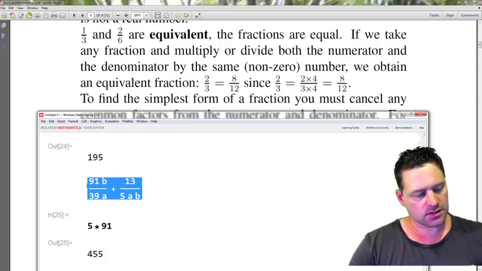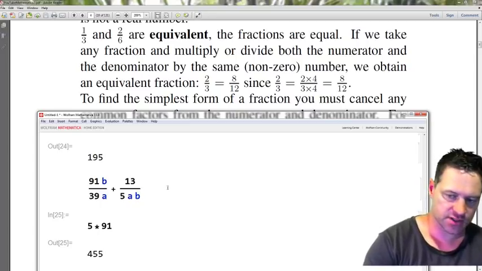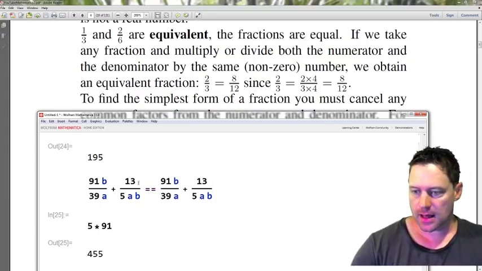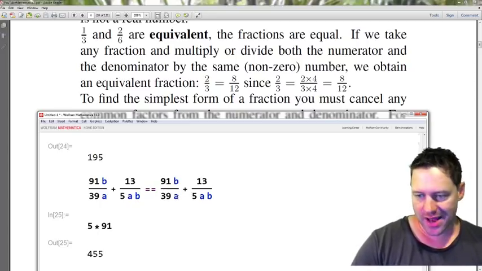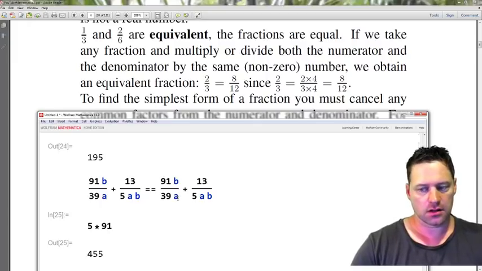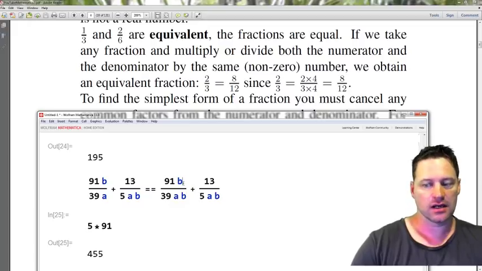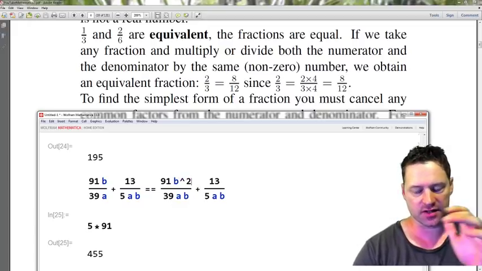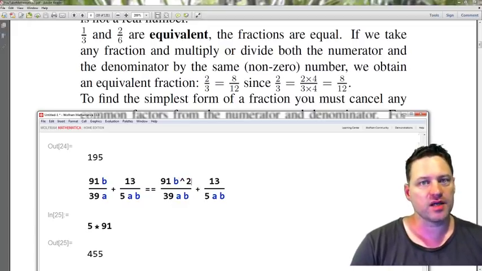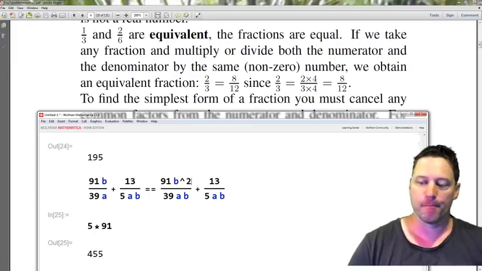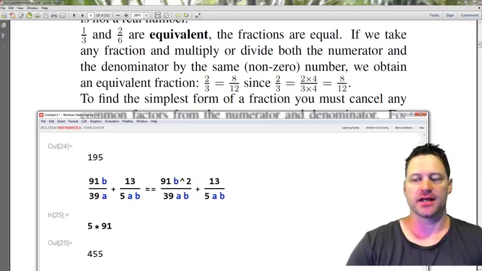Okay, so what I do here is I say I need to multiply numerator and denominator first of this left one by b. All right, so I'll just space b, and then this one will be b squared in the numerator. Right now the ab is common in the denominator, but I also need to make the numbers common in the denominator.